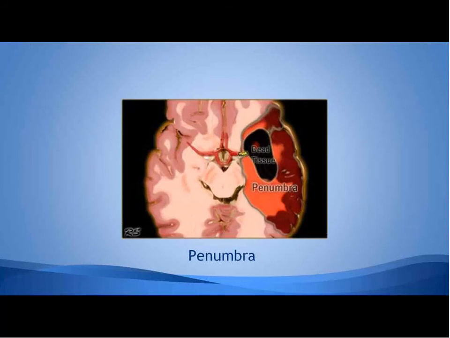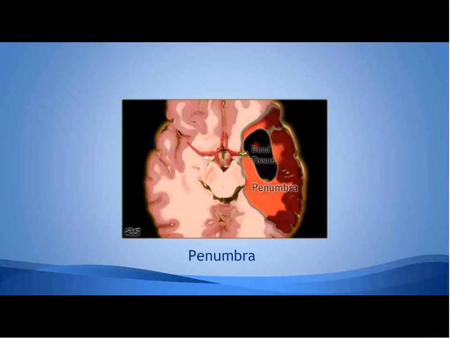So we'll discuss this a lot throughout the day, the penumbra, which I think is one of my favorite words. It's actually a video game with a zombie. So essentially you have this dead tissue, which would be the core of the insult, and then surrounding it you have this area of variations in ischemia, perfusion, blood flow.